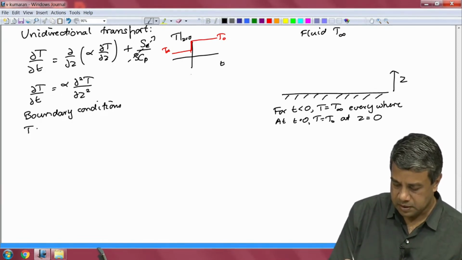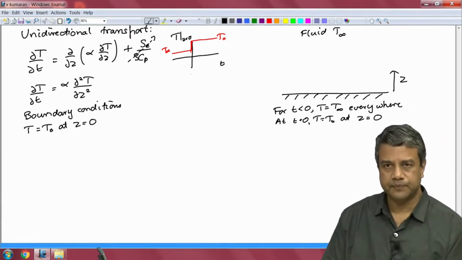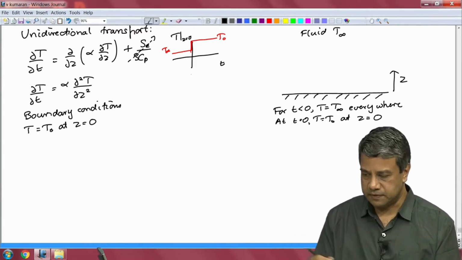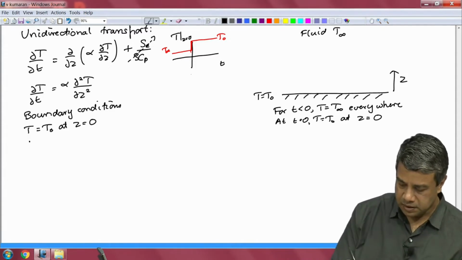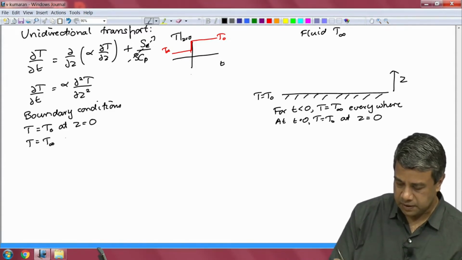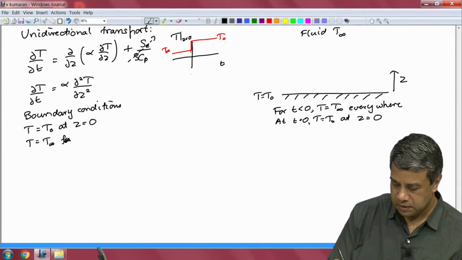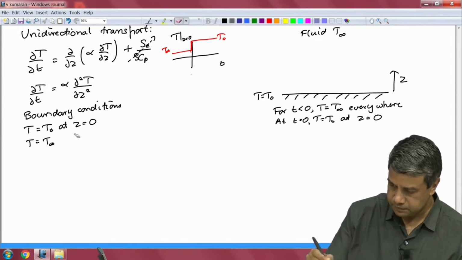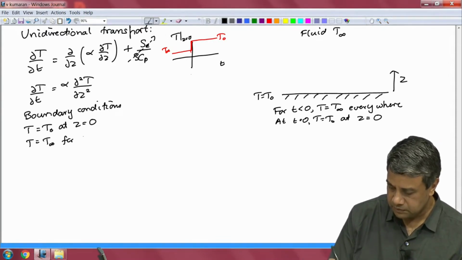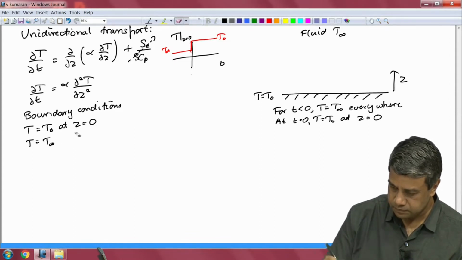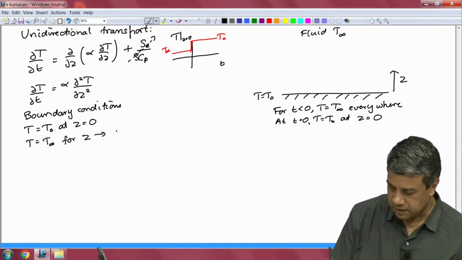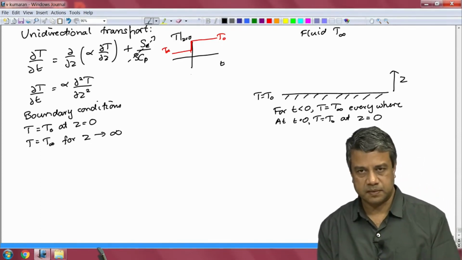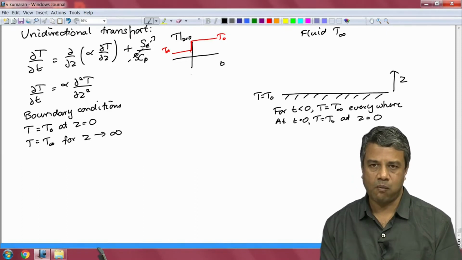T is equal to T naught at z is equal to 0. That is, at the surface, the temperature T is equal to T naught. T is equal to T infinity for z going to infinity, that is very far from the surface, the temperature is equal to T infinity.